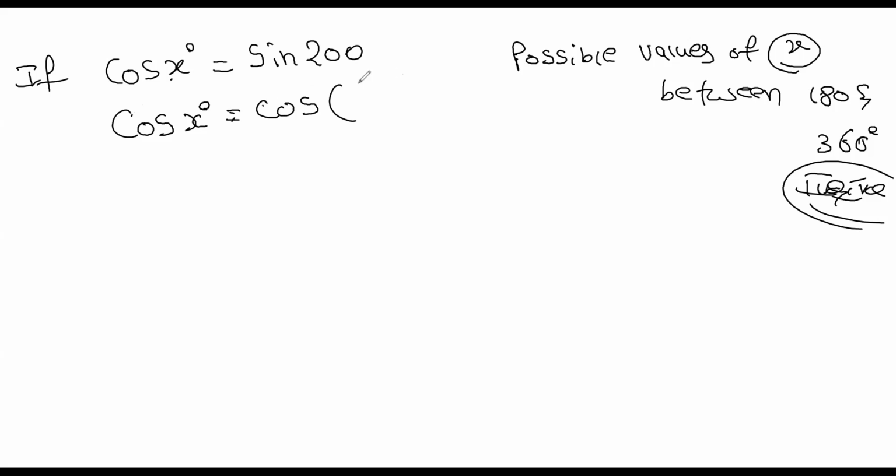Sir, is x equal to 290? So x, we got it as 290. Because in most cases, take the first quadrant itself, because in the first quadrant all are positive, right? That's why in most cases take the first quadrant itself.